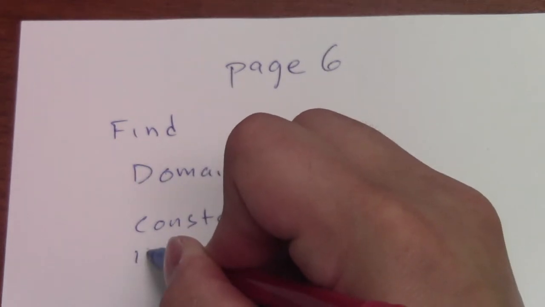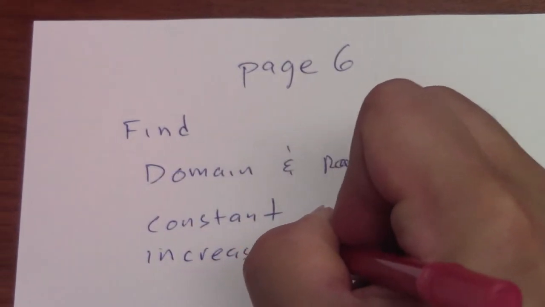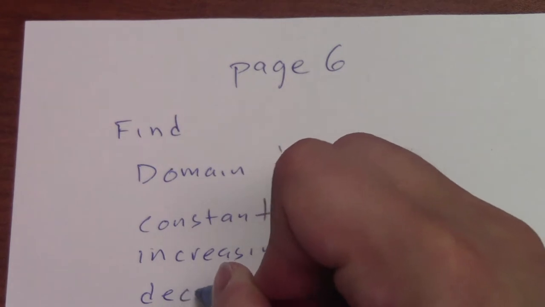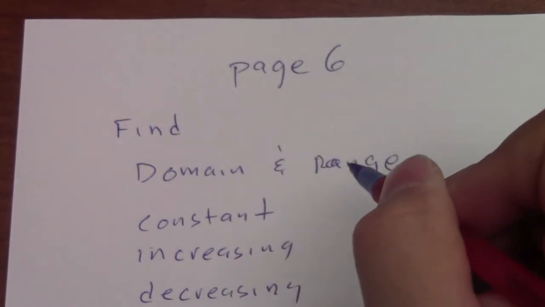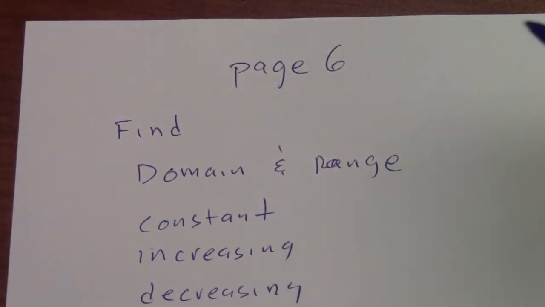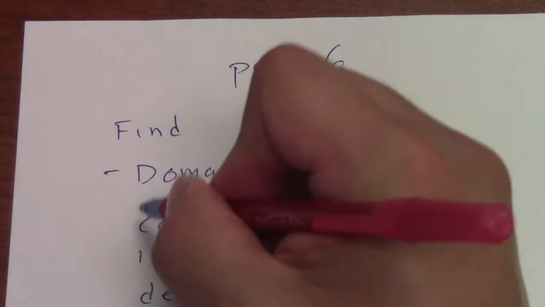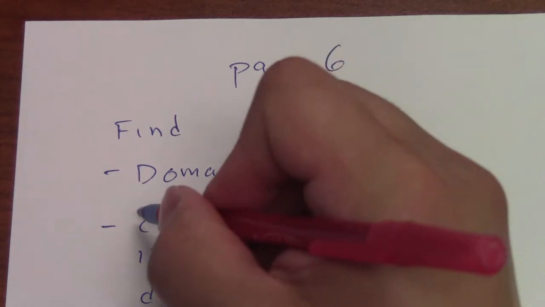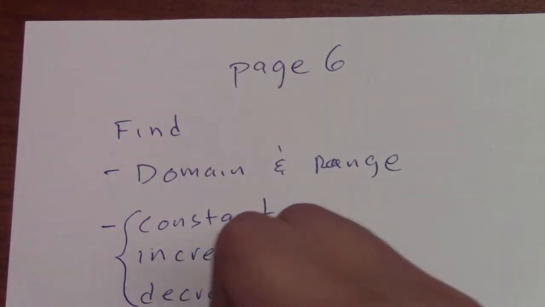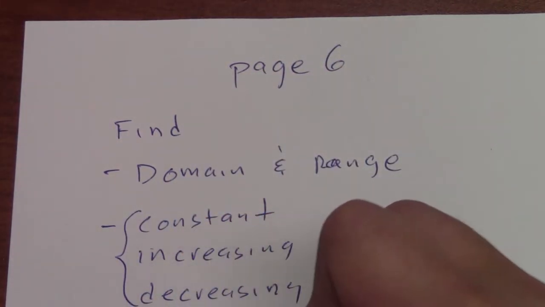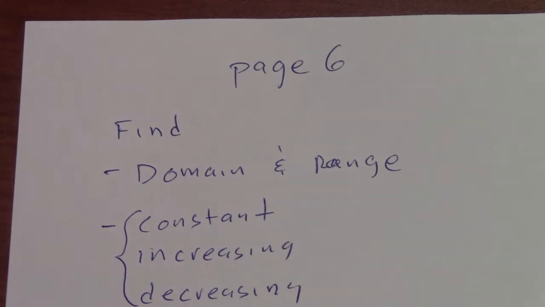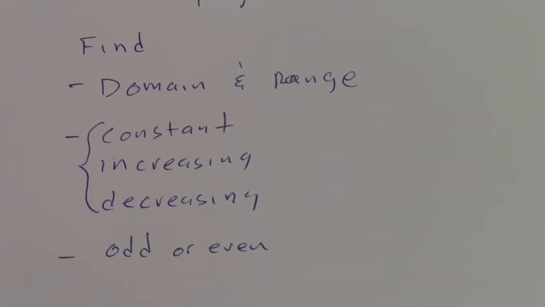Constant, increasing and decreasing. And let's see. And then here, that's 1, this is 2, this is all 2, and then 3, is it odd or even?